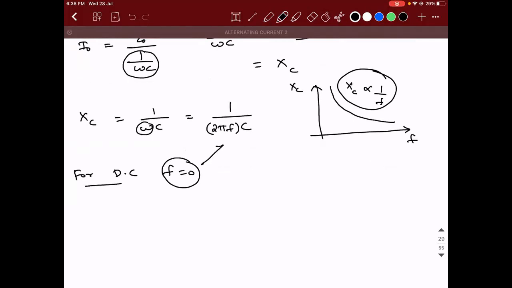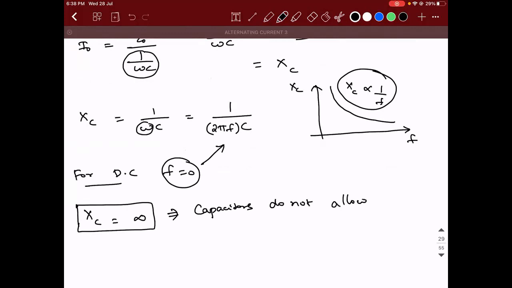Since for direct current the frequency is 0, when you substitute it here, Xc will be infinite, which implies capacitors do not allow direct current to pass through them. They will allow only alternating current to pass through them.